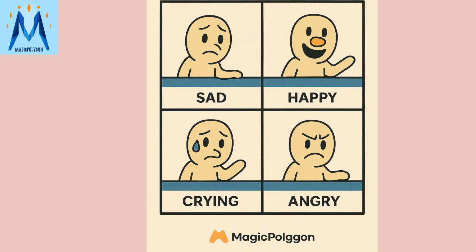Okay, now yesterday I showed a quick demo of the Magic Polygon app where you could use the record own story feature for the kids to create their own stories.